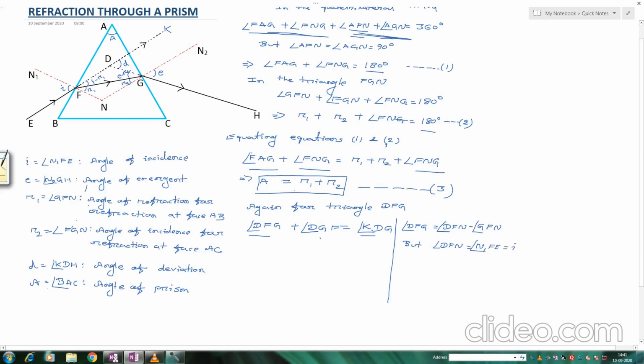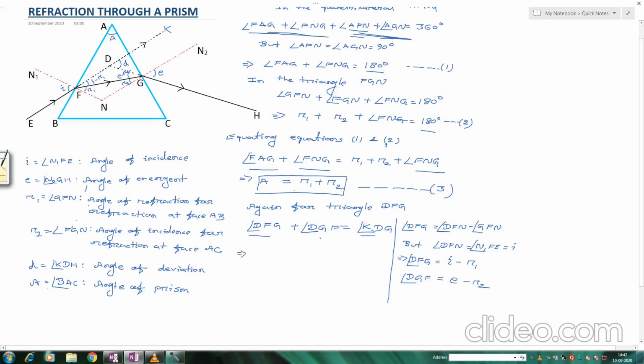These two are alternate angles, so these two are equal. So this implies angle DFG is equal to DFN, which is I, minus GFN, which is R1. Similarly, we can check that angle DGF is equal to the angle of emergence E minus R2. So let us write these two values here.